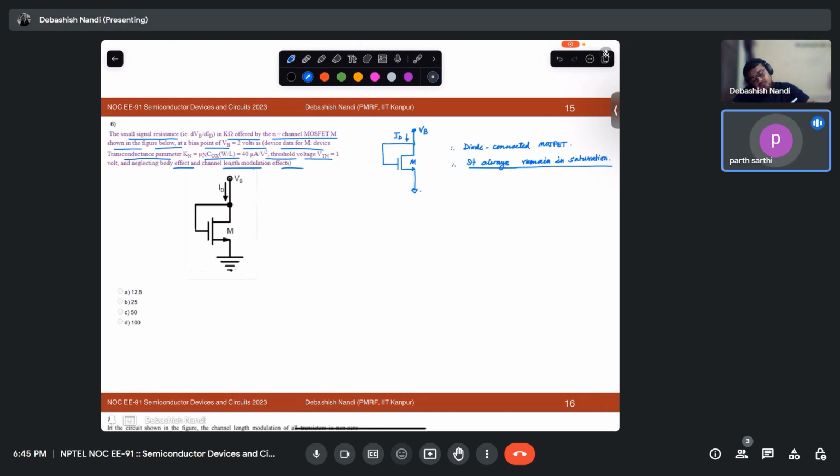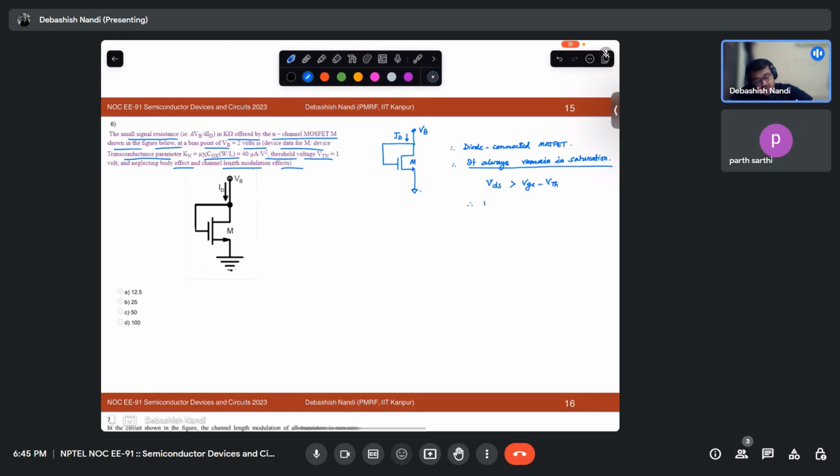Is Vg always equal to VDD? No, there is nothing to do with VDD. What is the condition for saturation? First tell me, what is the saturation condition? VDS has to be greater than VGS minus VTH, right?